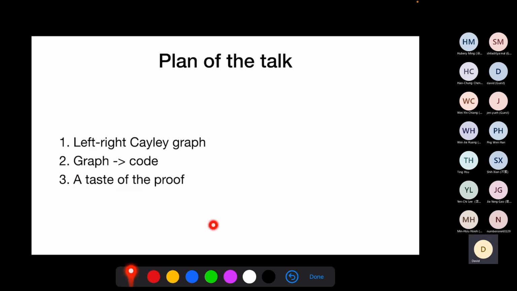The plan of the talk is that later we'll go to the more technical part. We'll first talk about a graph construction, the left-right Cayley graph. Later, we'll use the graph to generate the code, and then at the end, we'll see a bit about how we prove it.